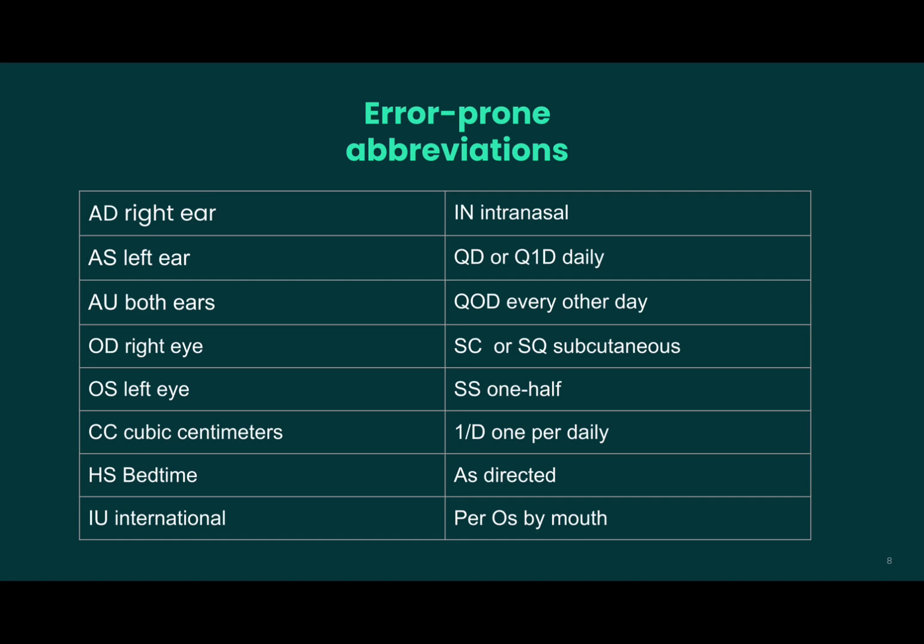SC or SQ can oftentimes be mistaken as SQ, like Q for quantity. SS, 1/2, can oftentimes be mistaken as 55. 1/D, 1 per day, can be mistaken for TID, 3 times daily.